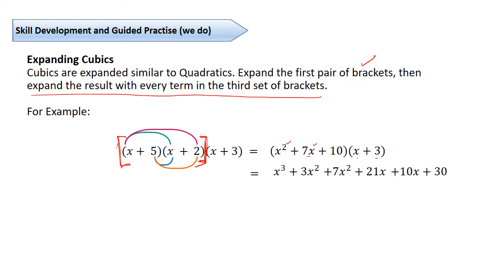The x squareds, however, we have 3x squareds here and 7x squareds here. So in total, 3 plus 7, we expect to have 10x squareds. 21x plus 10x, I should have 31x. Seems like a lot of x's. Let's see how we went. Happy days.